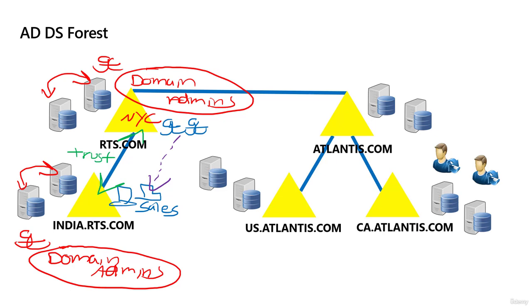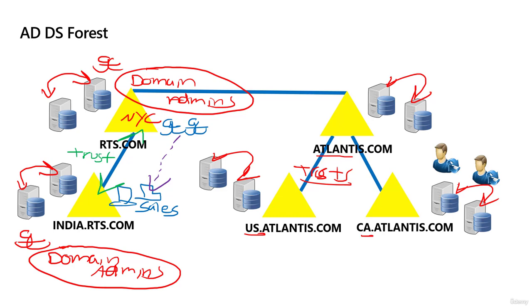Everything we just said would also hold true on the other side of this graphic. So I have Atlantis.com, I have a US child domain, and I have this CA or Canada child domain. Each one has its own set of domain controllers. So domain controllers in the same domain as we said, they all replicate with each other, and we have these trusts between the domains themselves.